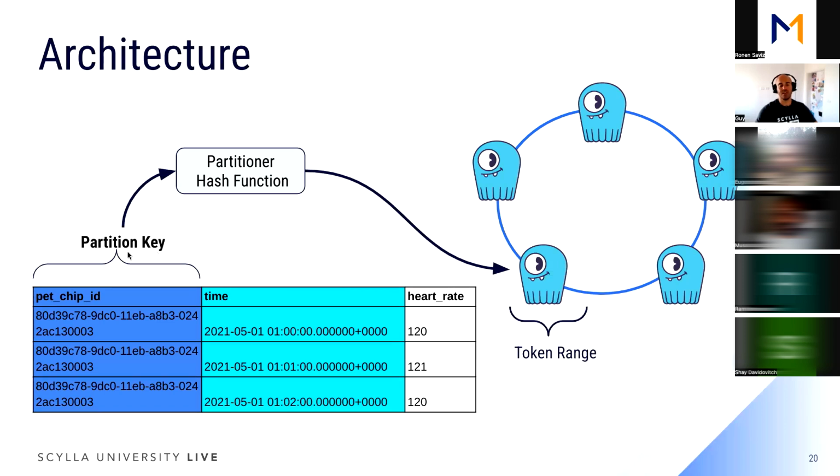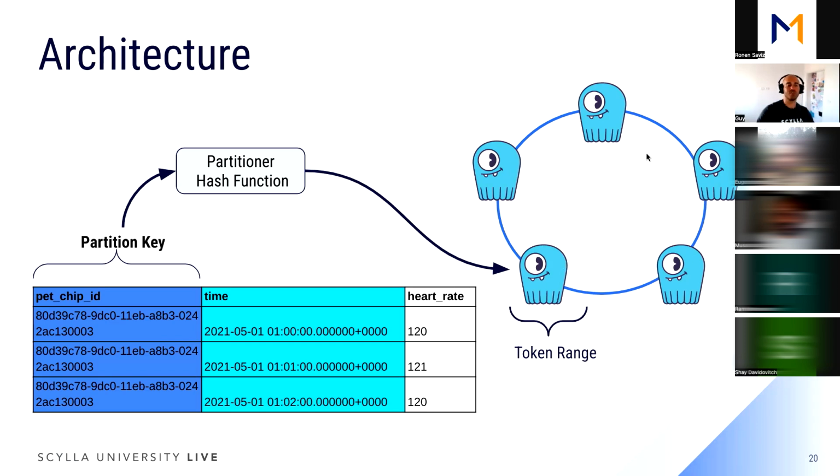In this table, the partition key is defined as the pet chip ID. Let's say I'm trying to write this row, the first one, with a heart rate of 120. The database would perform a consistent hash function, also called the partitioner, on the pet chip ID, that is the partition key value. And according to the value of the hash function, it would know which nodes are responsible for this token range.